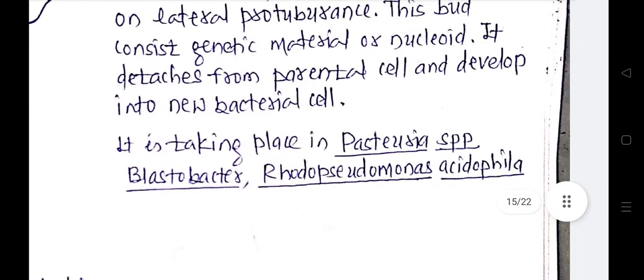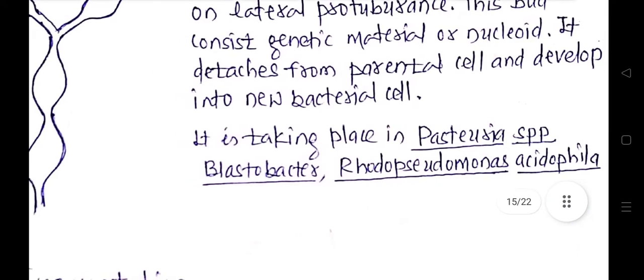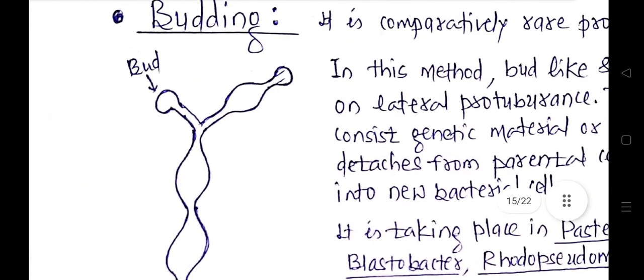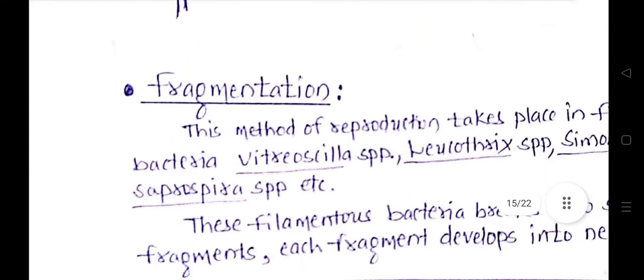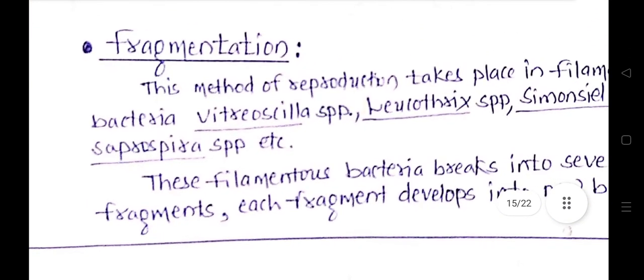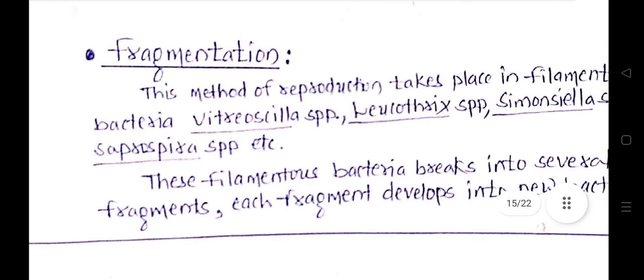These are Pasteurella, Blastobacter, and Rhodopseudomonas acidophila, bacteria showing the budding method of reproduction. And the last vegetative method is fragmentation.